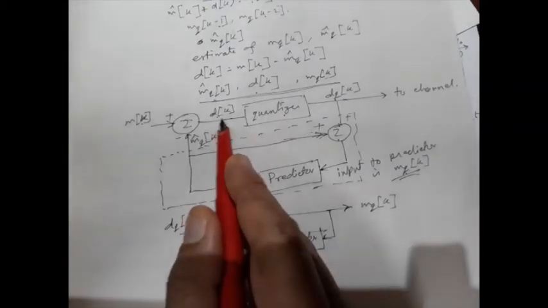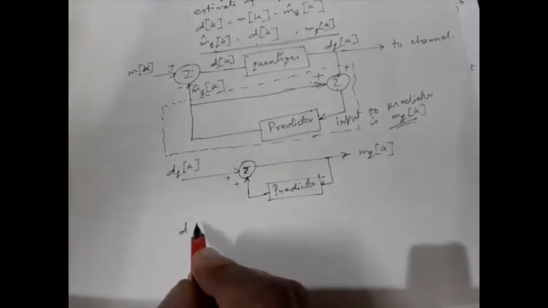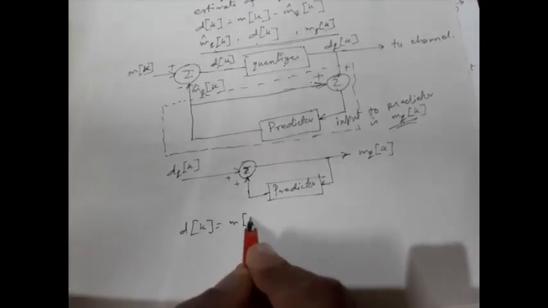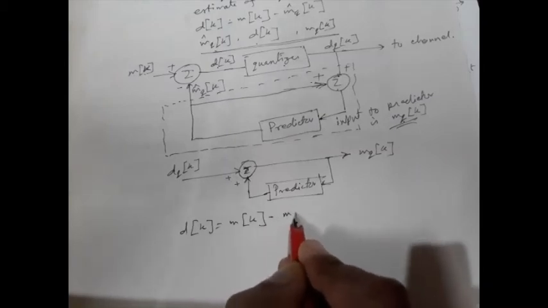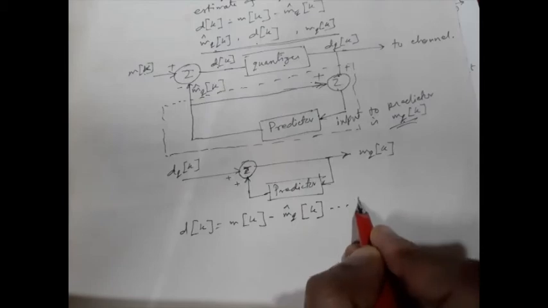Here is D, MK minus MQ cap K, say this one.